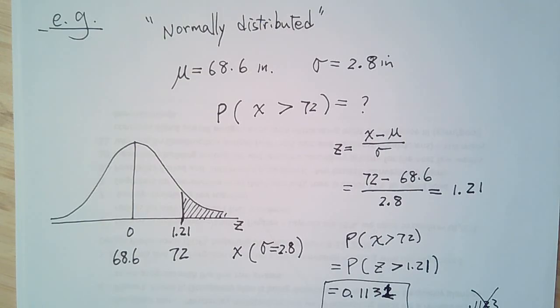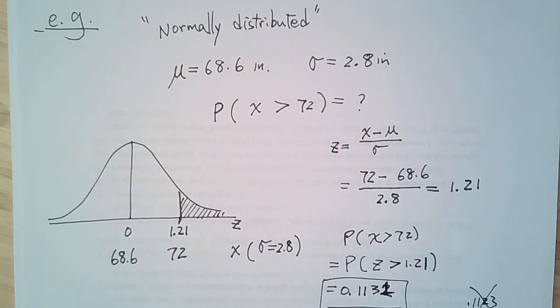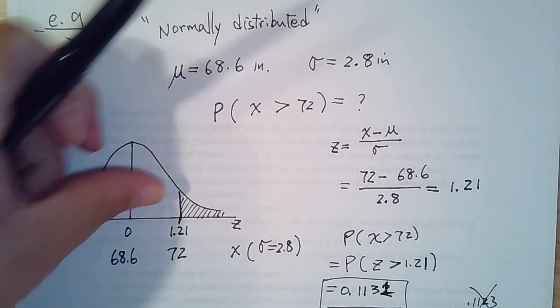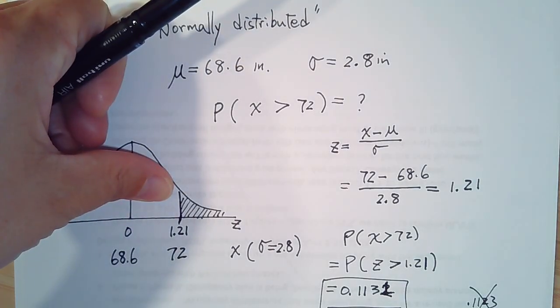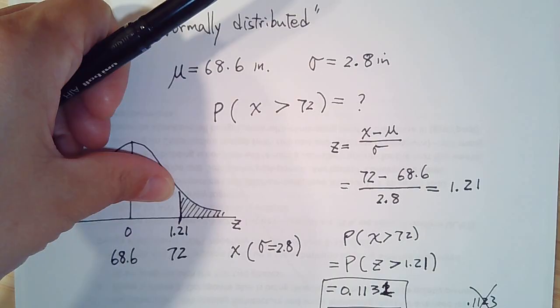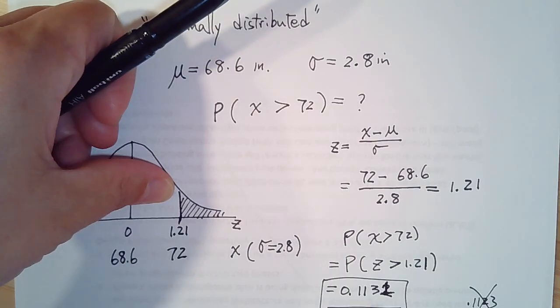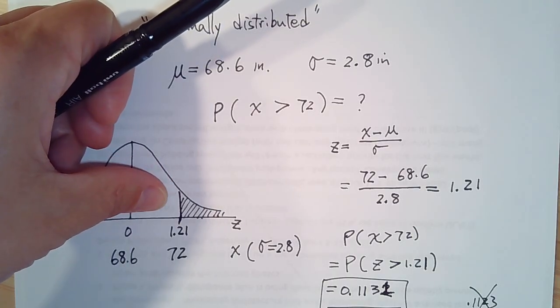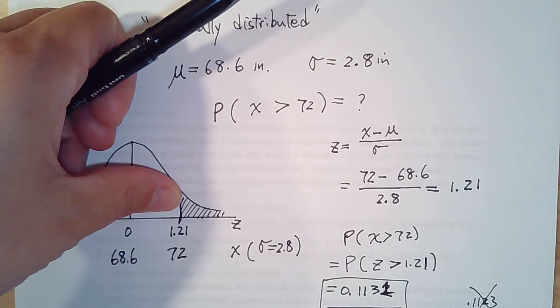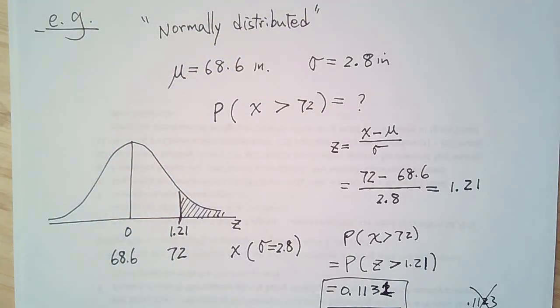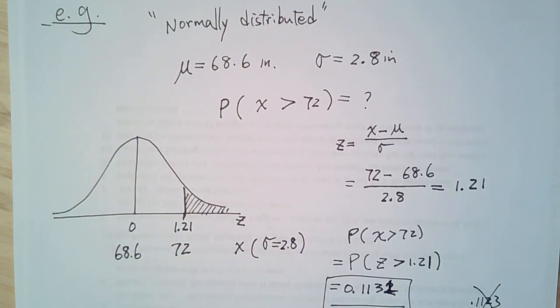I don't have the table for it, so I have to standardize everything, then find the z-score for the certain number, so I can get the answer. So this one, it's 11.31%. It's slightly more than 10%, right? So 11.3% of the men are taller than the shower head. That's this example.